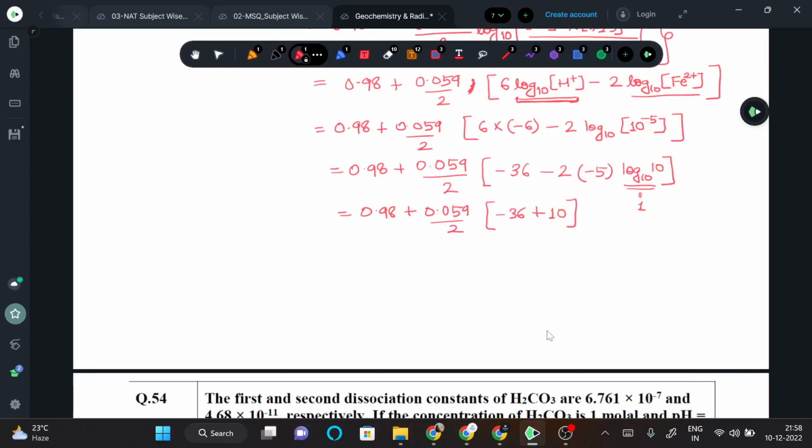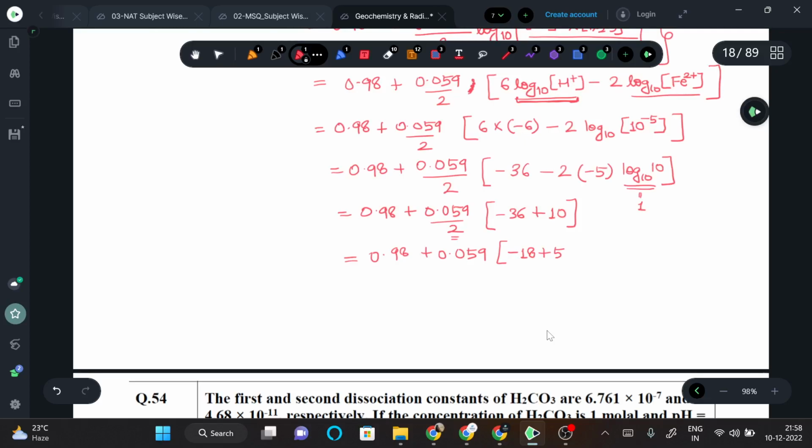So now what do we have? Let's take this 2 inside. Then we will have -18 plus 5, into this, which will be -13.